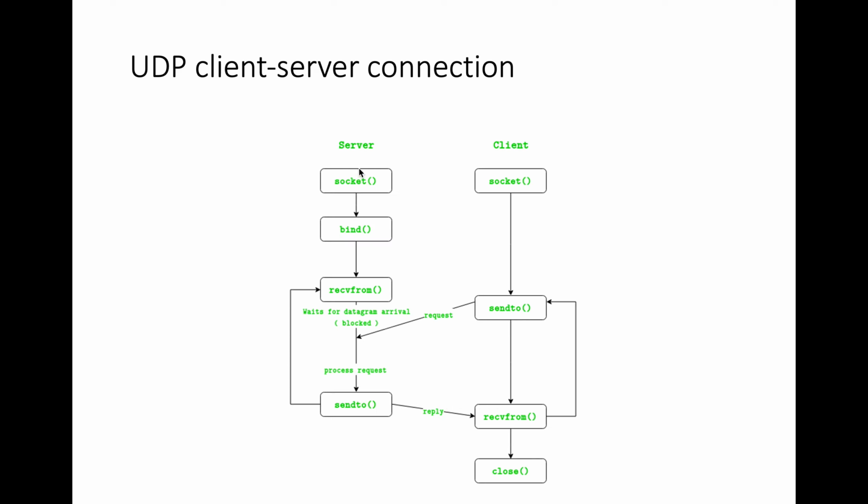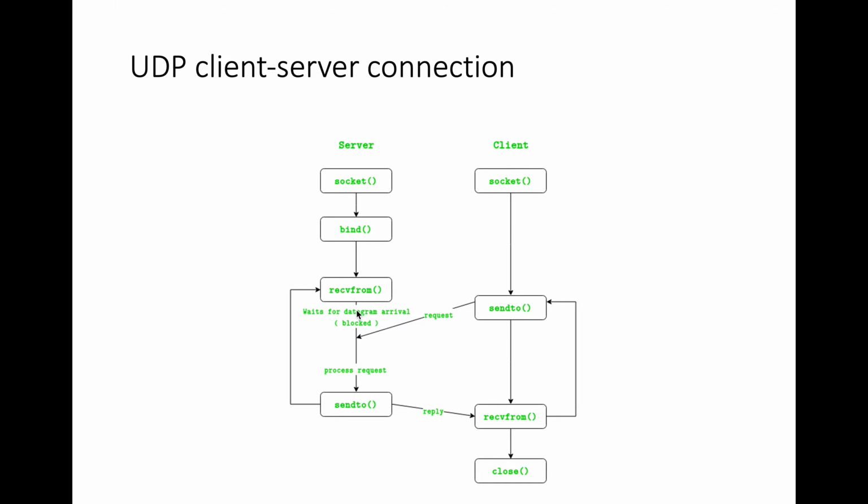So let's take a look at the life cycle of how the UDP server and UDP client work. The UDP server has to create a socket and bind it first, and then we'll be calling the receive from message. Make a note that we have to specify which address we are receiving from, so we know which client is sending us the message. Then the UDP client will create a socket and send a message.